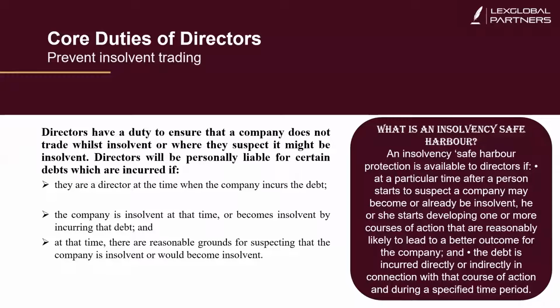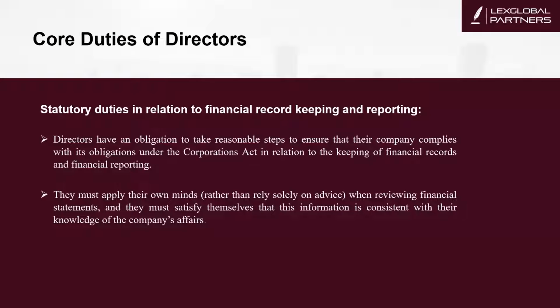The debt must be incurred directly or indirectly in connection with that course of action and during a specified time period. So the safe harbor defense is available if directors can show that they did whatever they could to avoid the company becoming insolvent during the time that they suspected that the company was operating or becoming insolvent.